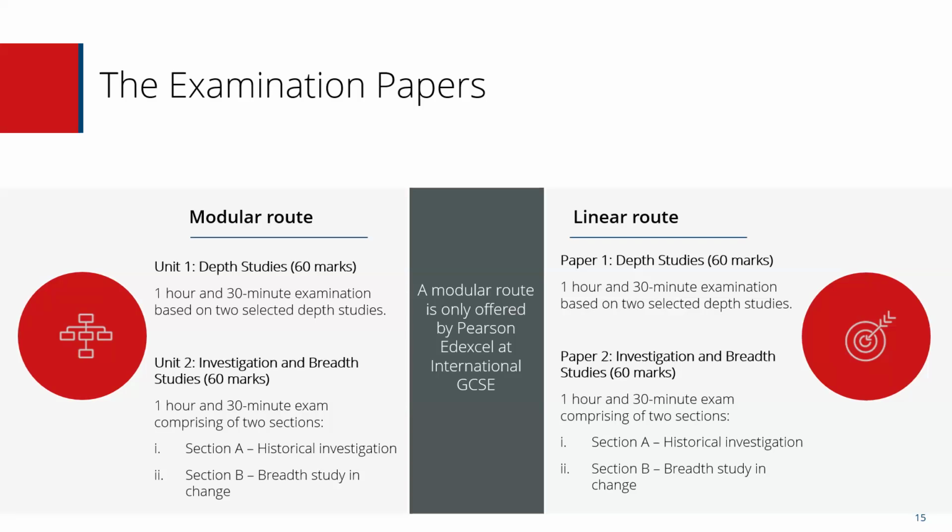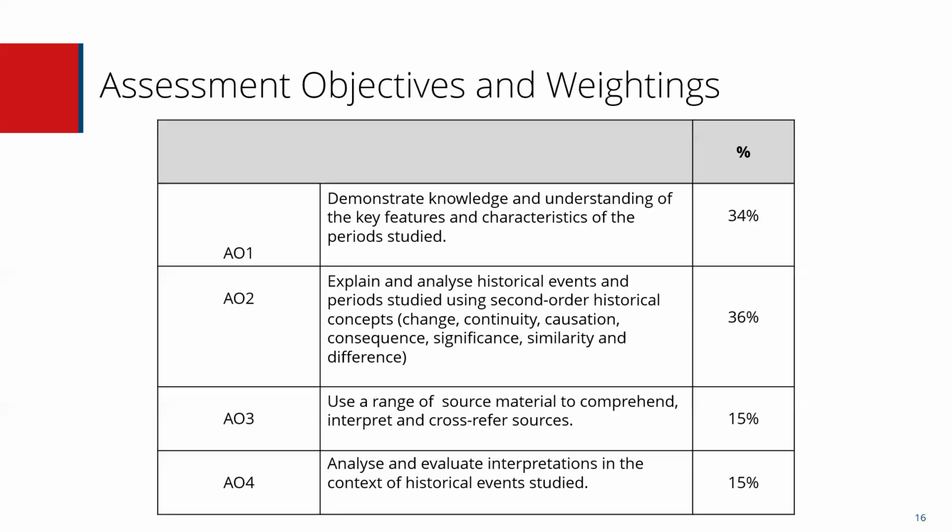Okay. Now, we will be looking in detail at these AOs, these assessment objectives today. So just make sure that you are aware of the assessment objectives. AO1, demonstrate knowledge and understanding of the key features and characteristics of the period studied.